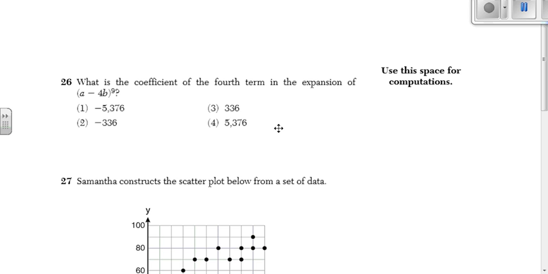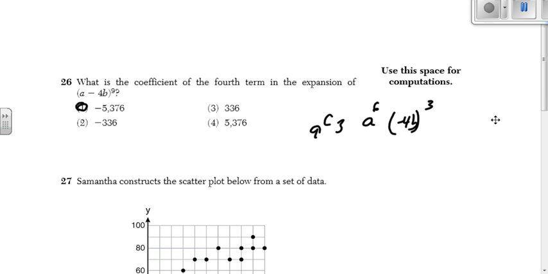Coefficient of the fourth term, that's going to be 9C3, a squared, b to the sixth, negative 4b to the third. So this coefficient, which was a.